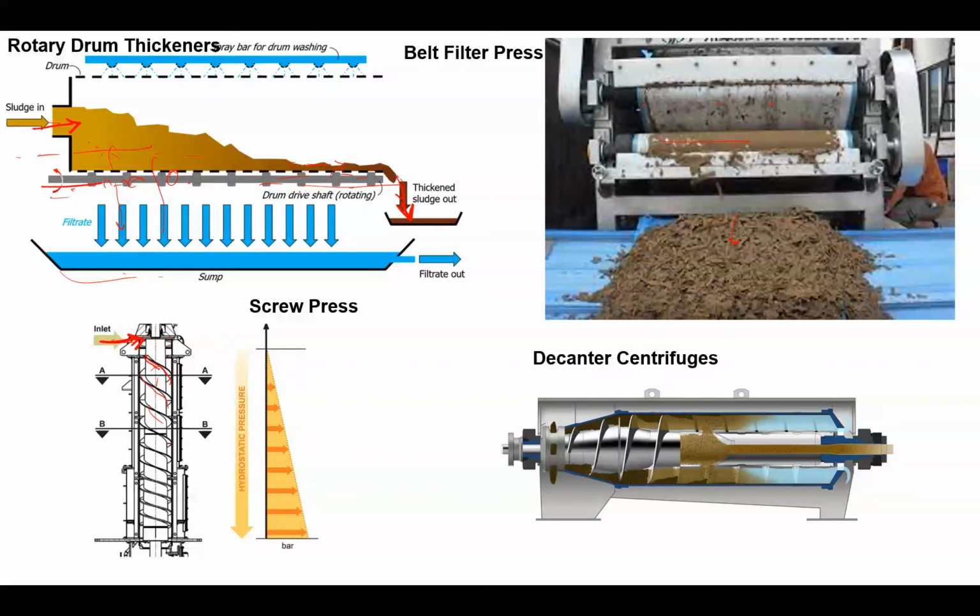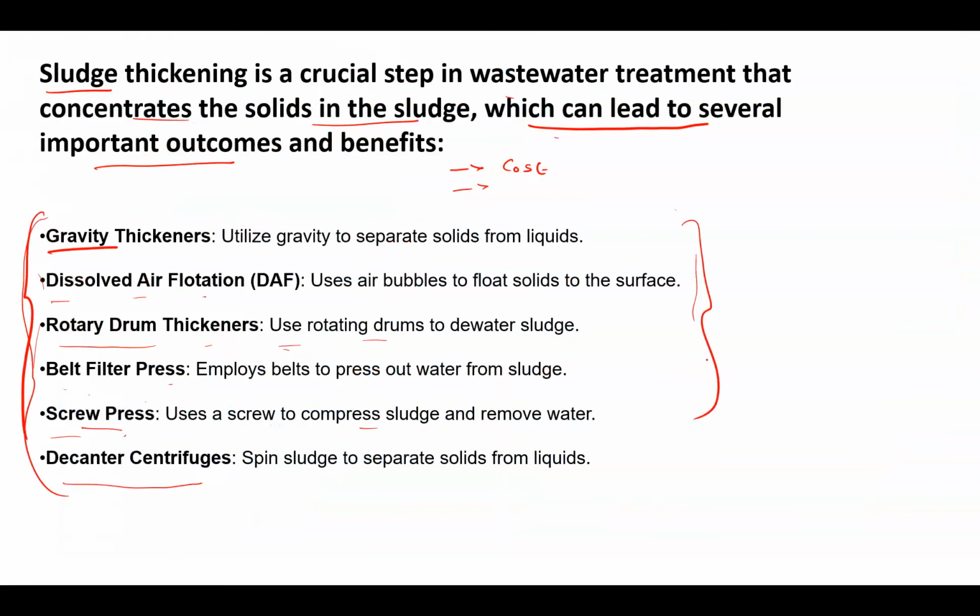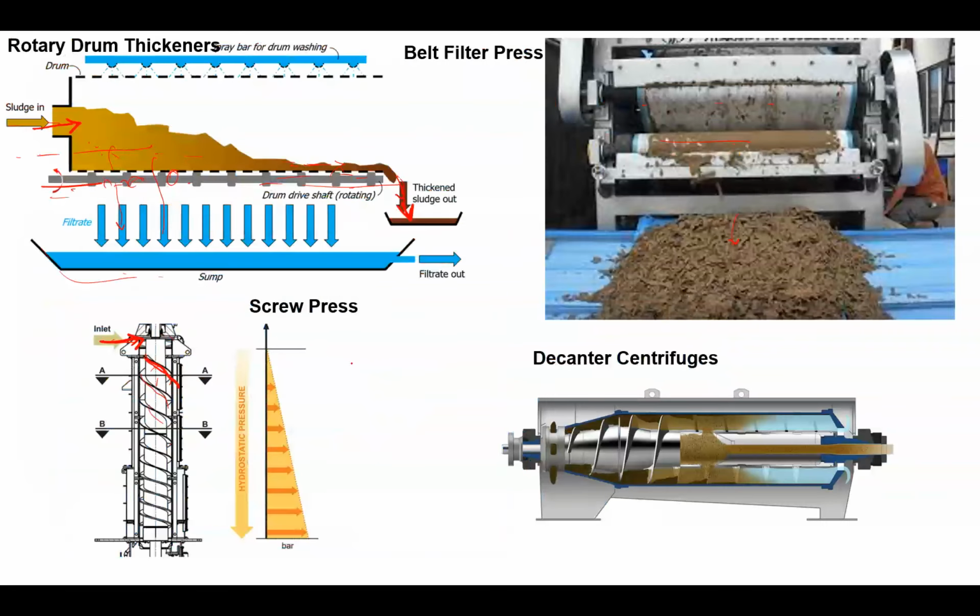Because of the screw, the sludge will be trapped on the screws, and the water will flow freely through these parts, and we can separate it at the outlet.